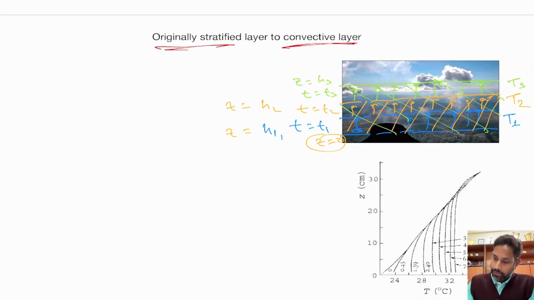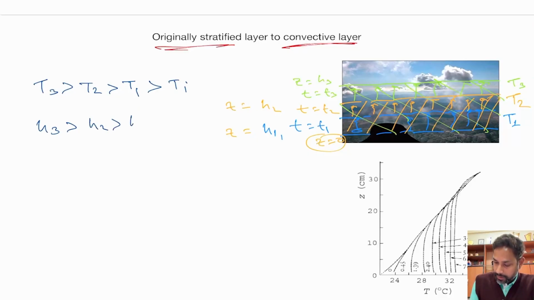Okay, so here you can assume that T3 is greater than T2 is greater than T1, where T1 is actually greater than Ti, that is the initial temperature, right? Because of convection, this whole layer is slowly getting heated up. Okay, and with time, basically this H3 is also greater than H2 is greater than H1.